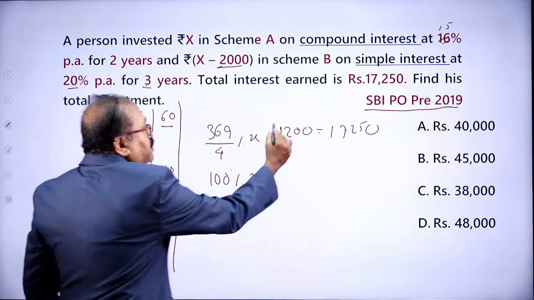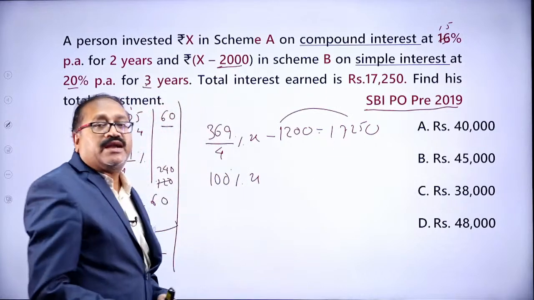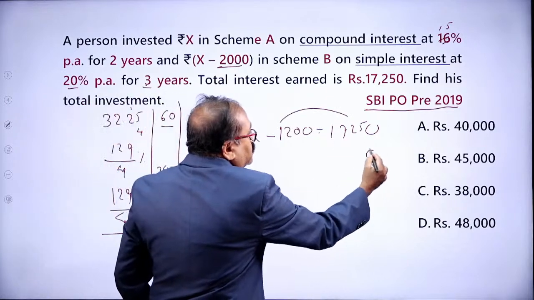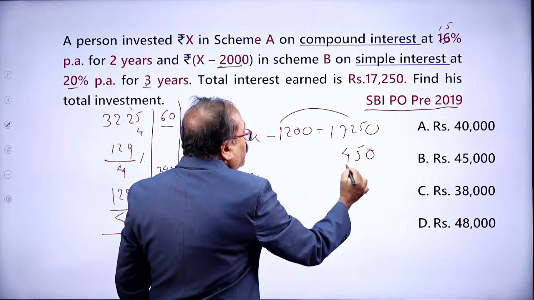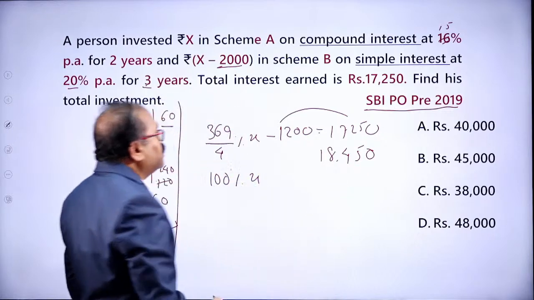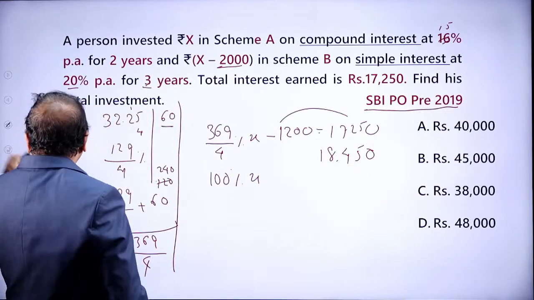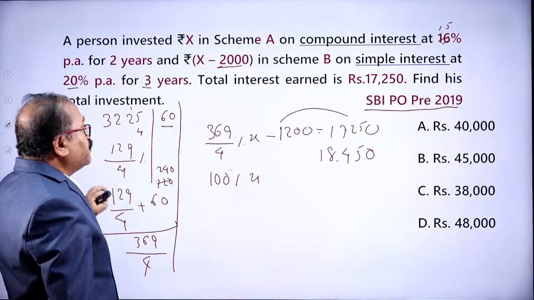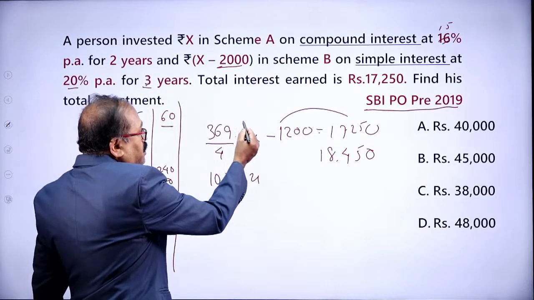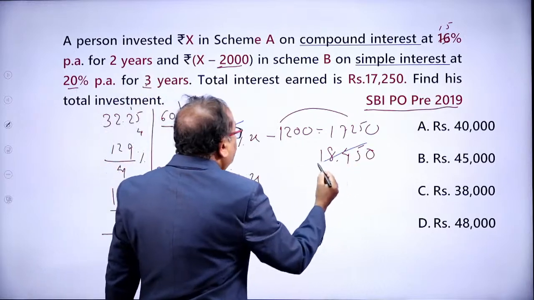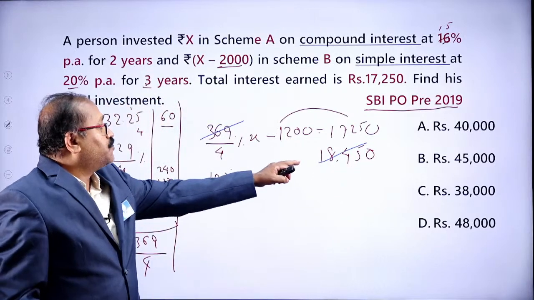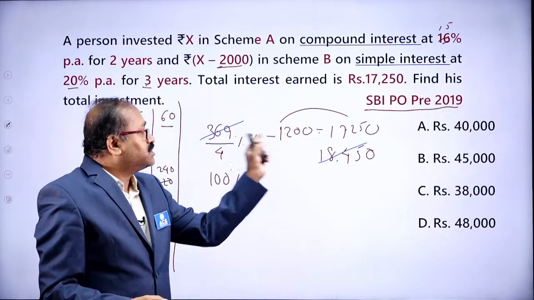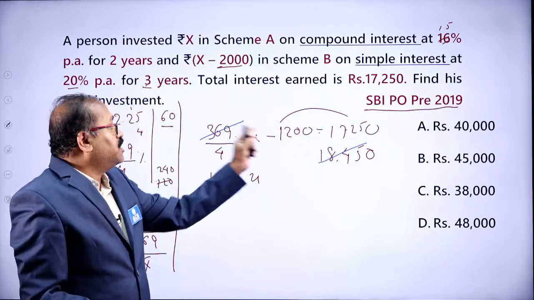When this number goes to the other side, it will get added, and this comes 18,450. Did you notice that? Look at the beauty of the question, my friends.